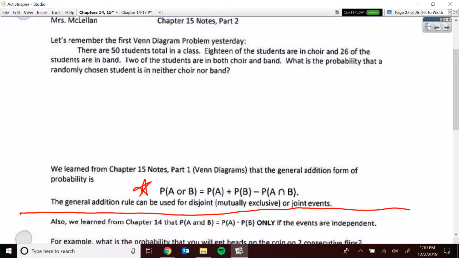So do this problem again without looking at the Venn diagram for just the probability of being in choir or band, and then it asked for neither. Okay, so do the formula there and then do the neither. So fill in those notes.